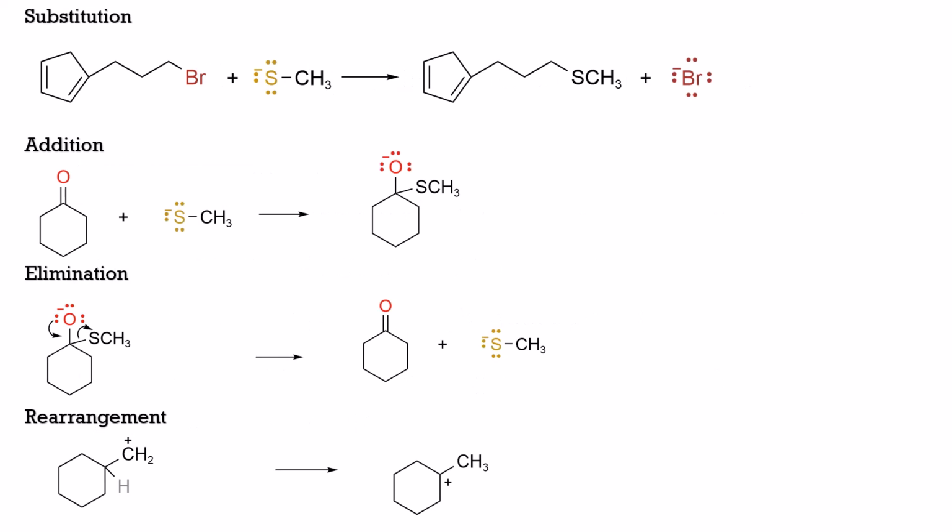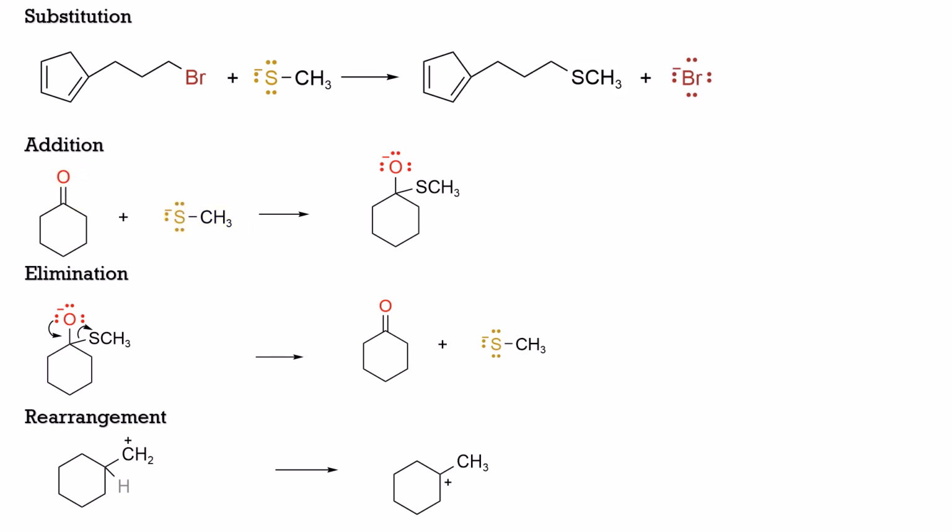But before, I want to show you an example of each reaction. So substitution, you can see here the bromine is my leaving group, methyl sulfide is my nucleophile, and that methyl sulfide in the product, you can see it replaced bromine. Same thing with addition. I have a carbonyl. I'm taking methyl sulfide as my nucleophile. It's going to attack the carbonyl carbon.